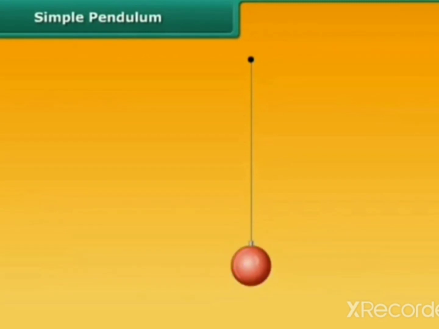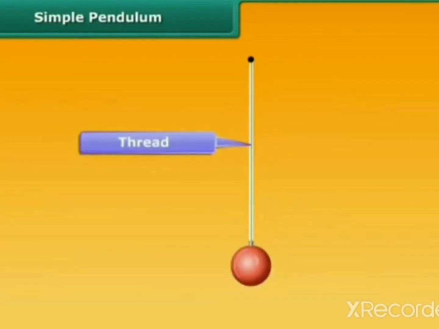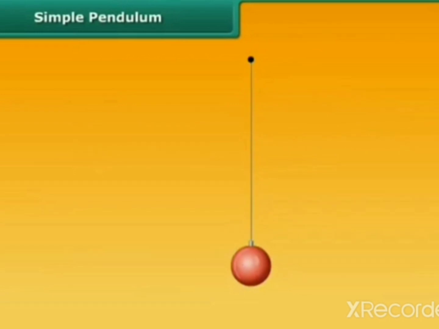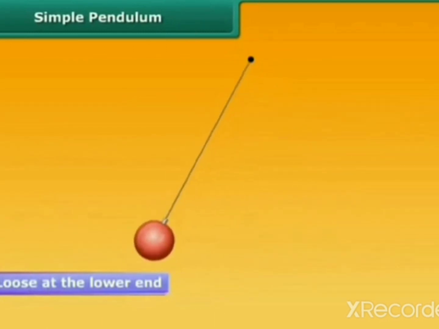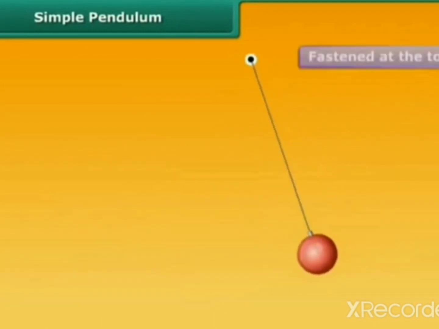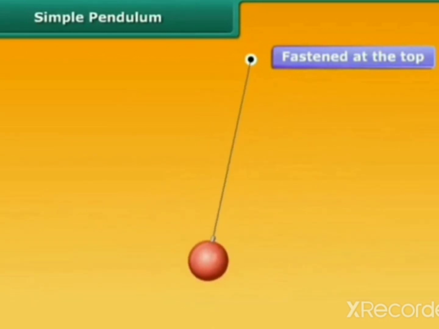A simple pendulum is a heavy point mass suspended from a rigid support by a massless and inextensible string. The ball is called the bob. Here you can see a simple pendulum, which is loose at the lower end and fastened at the top.